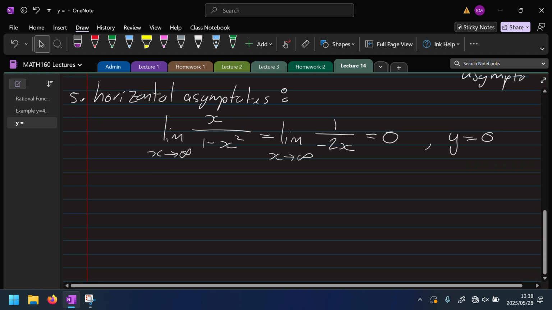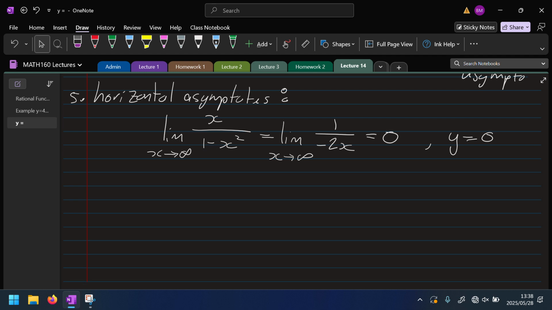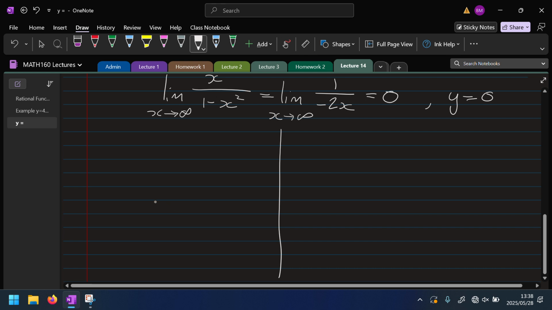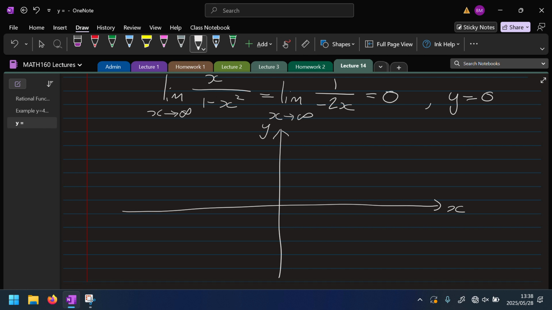Okay, there's no more points that we can find. There's no turning points or inflection points or anything like that. So let's try sketch it with what we've got. So we put in our axes. We've got x and y. Now we know that the x-axis is also an asymptote. So let's put that in pink just to remind us. Okay, so whatever we draw, it must always go along this pink line.